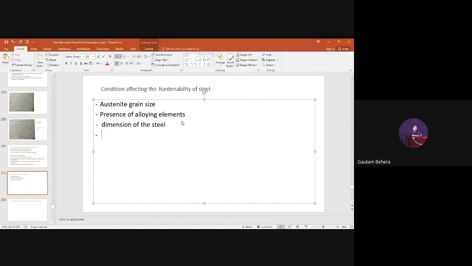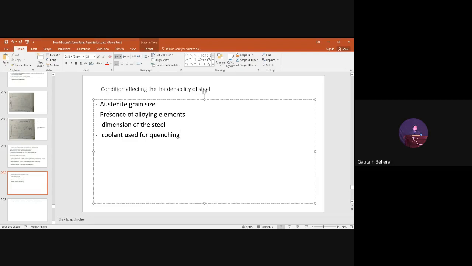Anything else? The coolant used for quenching. So these are the different conditions which affect the hardenability of the steel.